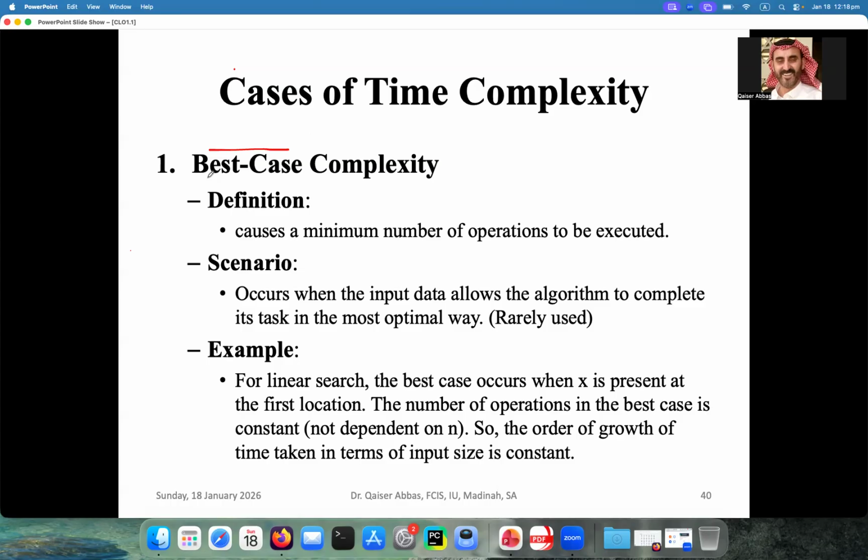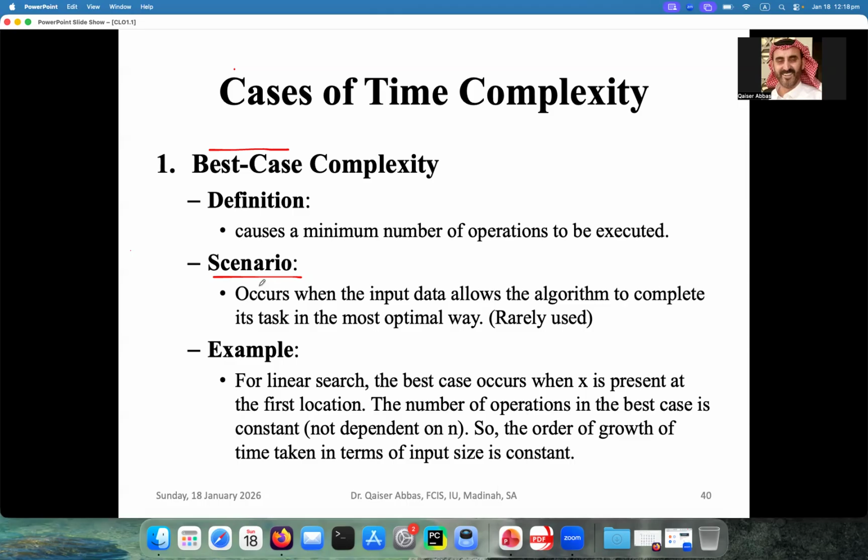So what is the definition of the best case complexity? Best case is the case when an algorithm will take the minimum number of operations. And what would be the scenario when it occurs? Normally it is related to the input of the algorithm.